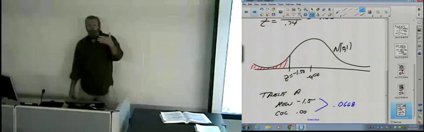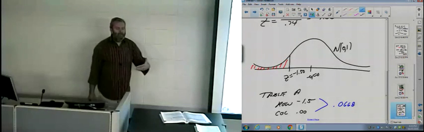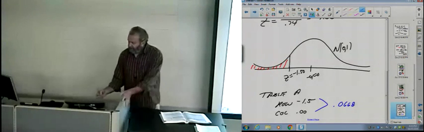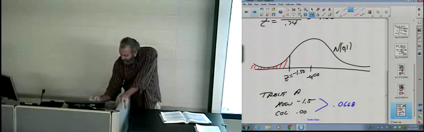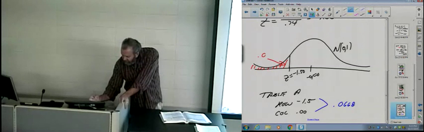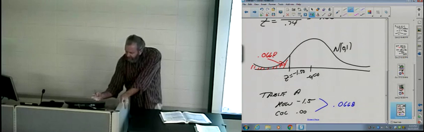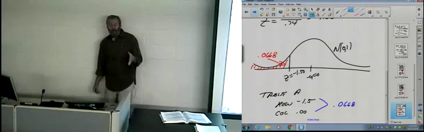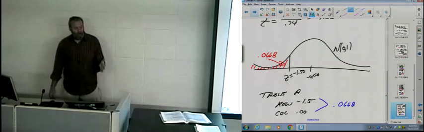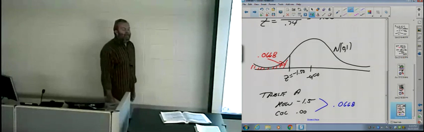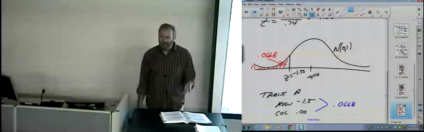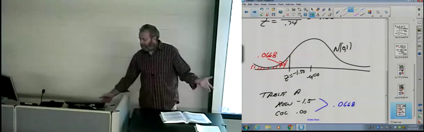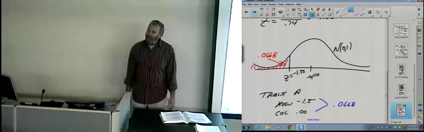The table always tells you the area to the left of the z-score you looked up. So what you looked up is exactly what you need this time, 0.0668. It means the proportion of run times that are less than 6 is 0.0668. That means the percentage of run times that are less than 6 is 6.7%.